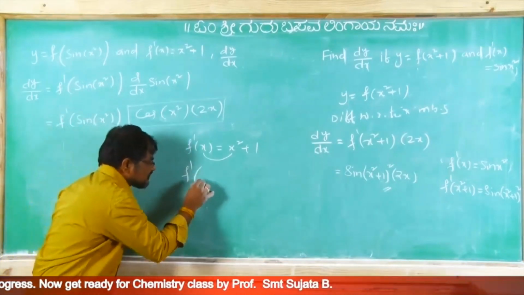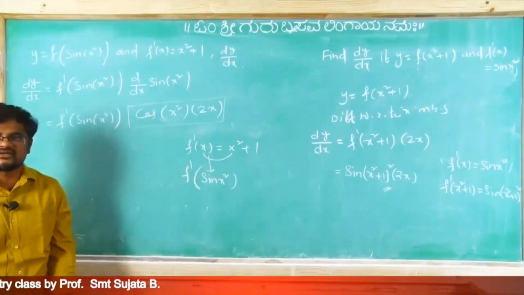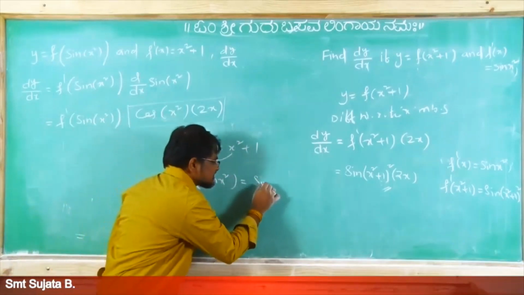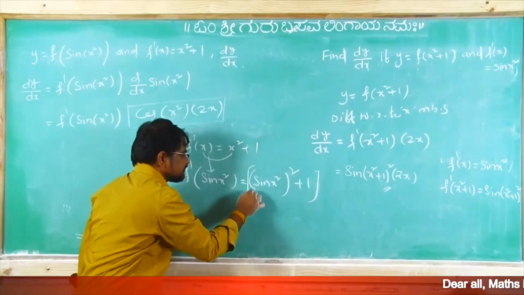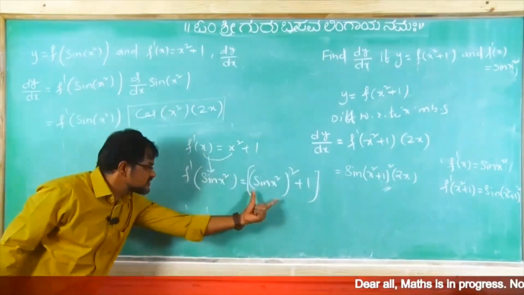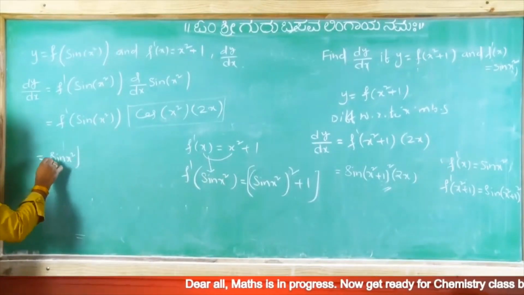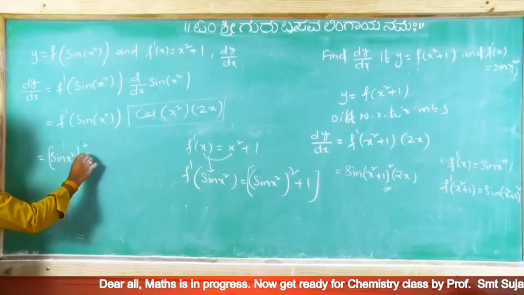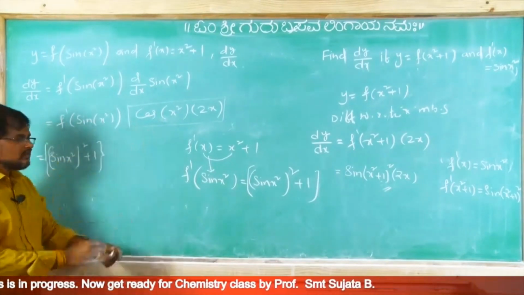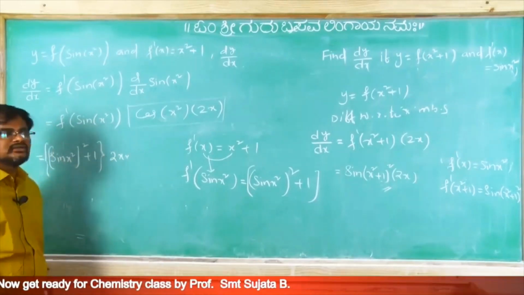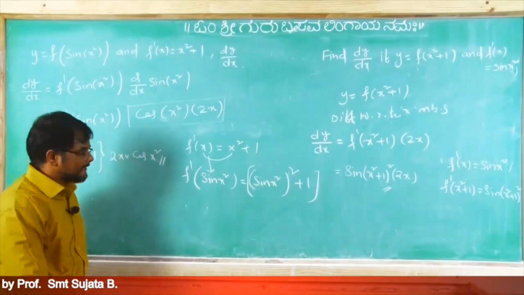So f dash of sin x square, replacing x by sin x square, equals sin x square whole square plus 1. Substitute this value here. So sin x square whole square plus 1, into 2x, into cos of x square. Okay? Right.